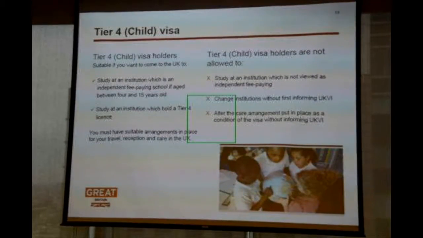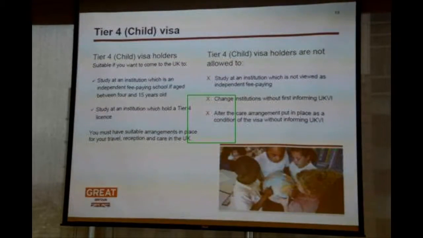Okay, that's not to make it sound difficult. It's just to emphasise that it's slightly different from the Tier 4 general. Tier 4 child visa holders are not allowed to study at an institution which is not independent fee paying, so they can't go to the state school as I mentioned.